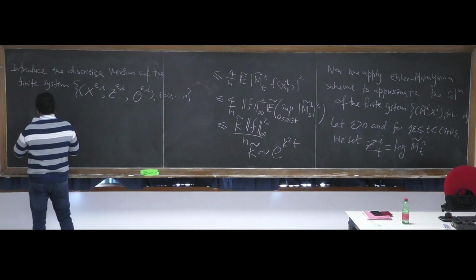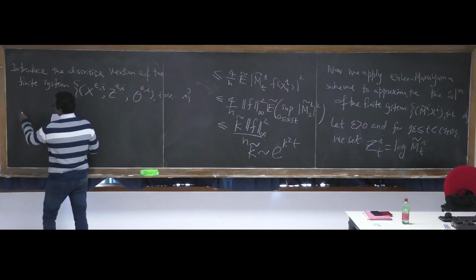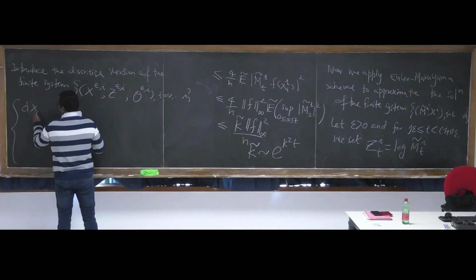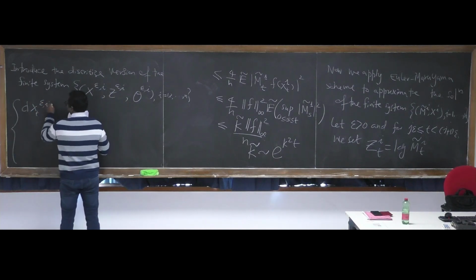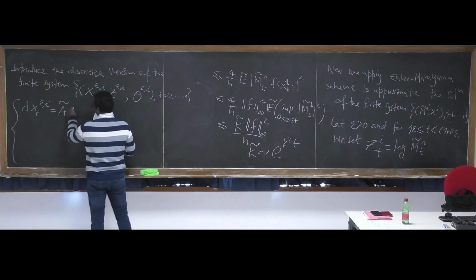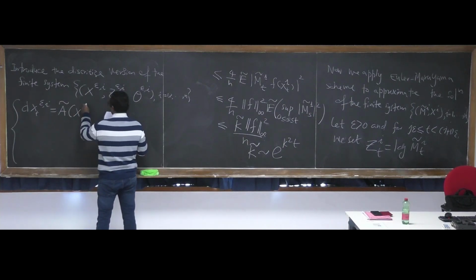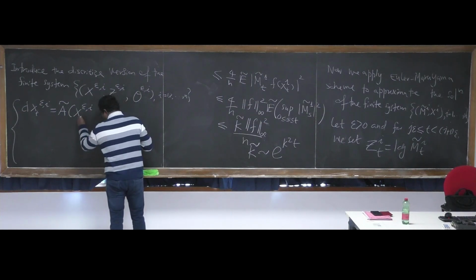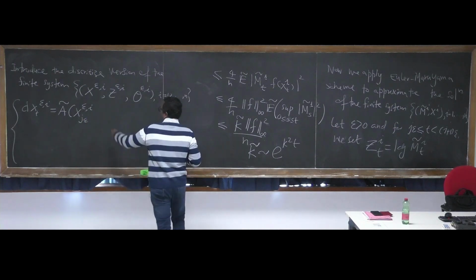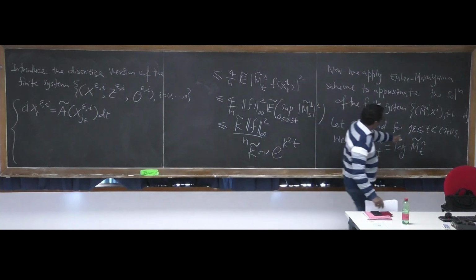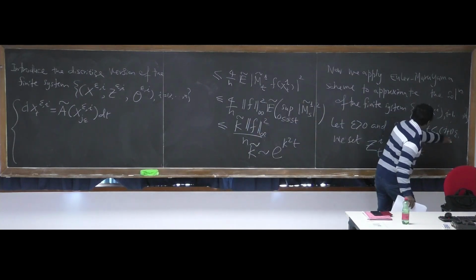So the system is as follows. d x epsilon i t equals a tilde of x epsilon i, evaluated at the left endpoint of this time interval.